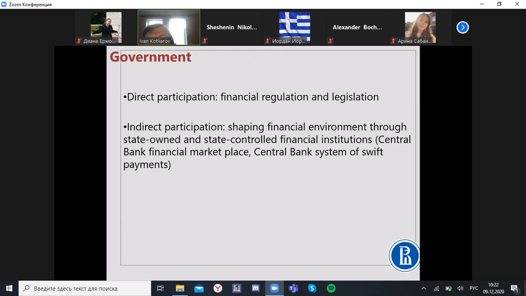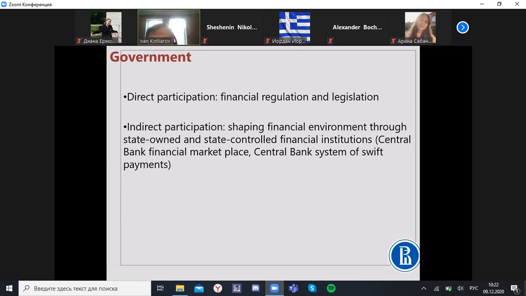So, government. Here in Russia, it is very important, but not only in Russia, obviously. What is the role of government in the development of the fintech market? First of all, we have direct participation, financial regulation and legislation. So, government creates the legal framework for the existence of digital finance. But, ladies and gentlemen, there is also indirect participation.